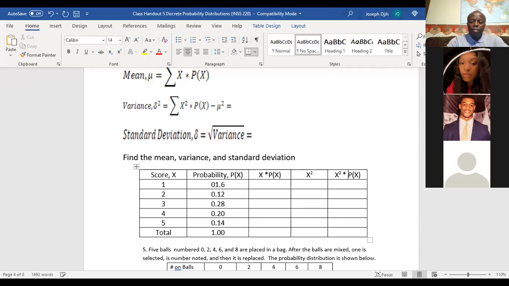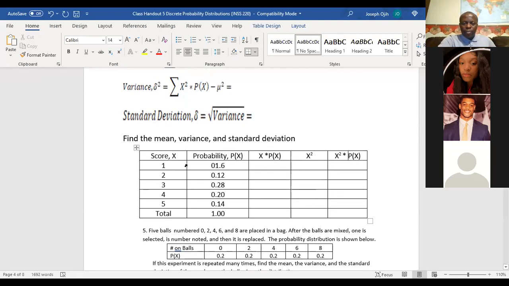Now, for x times px, it means this one here. It's going to be this one number here times this. This is 0.16.